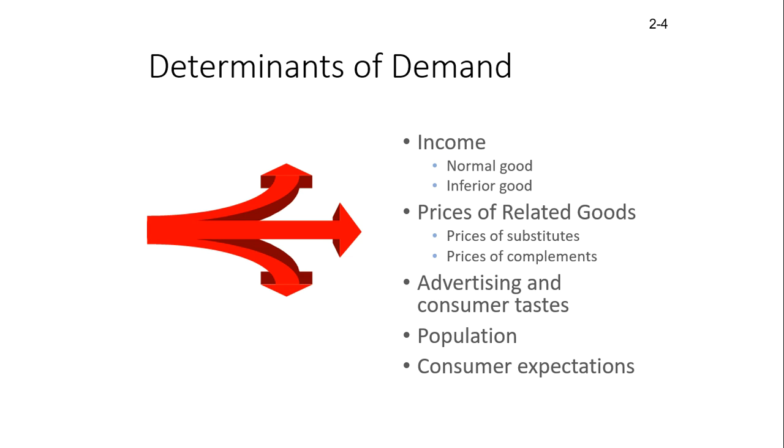It depends with the nature of the good you are dealing with. If you are dealing with a normal good, there's just that positive relationship. You increase income, you increase demand for this particular good. You reduce income, you are also going to reduce demand. But if you're dealing with an inferior good, then there's that negative type of relationship. You increase my income, why should I go for an inferior good?